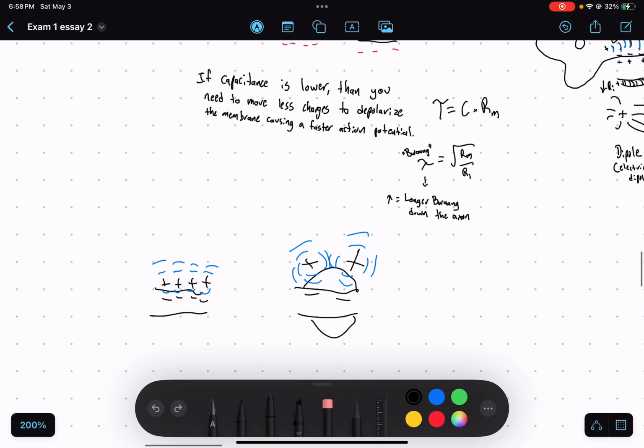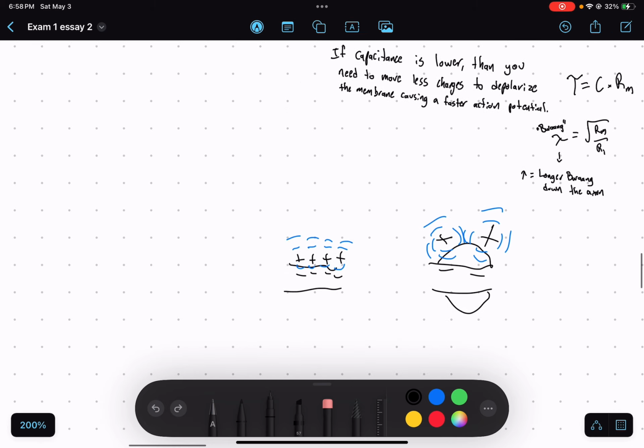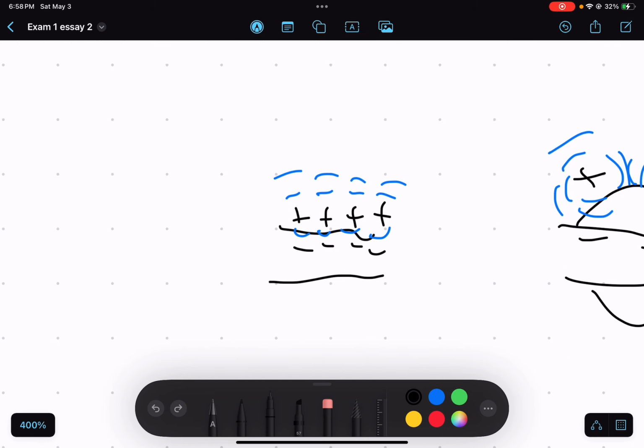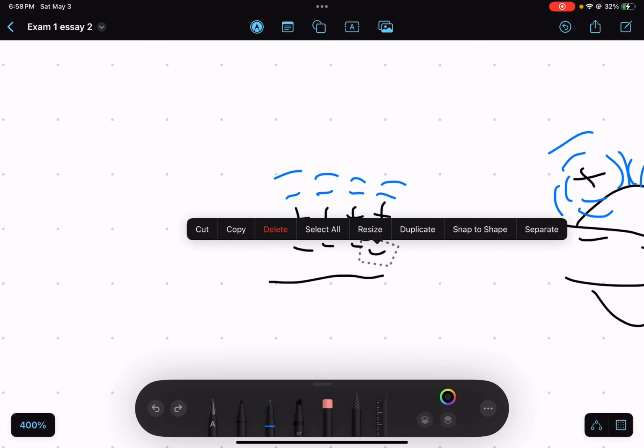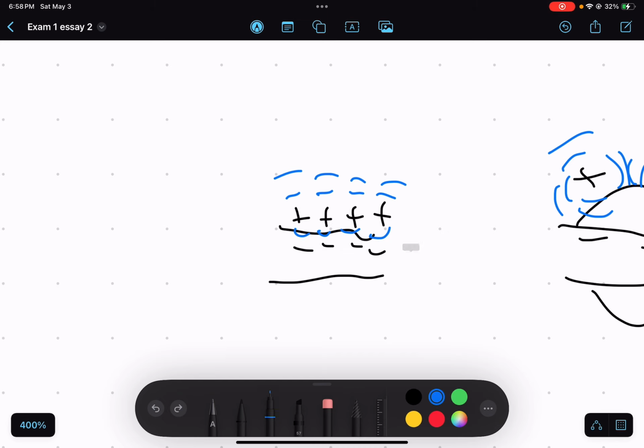So here we're going to discuss a little bit more about the electrical charge. The electrical charge of a non-myelinated axon is going to be taken up by the negative charge on the inside of the cell.